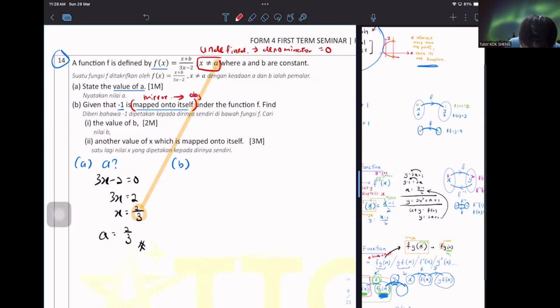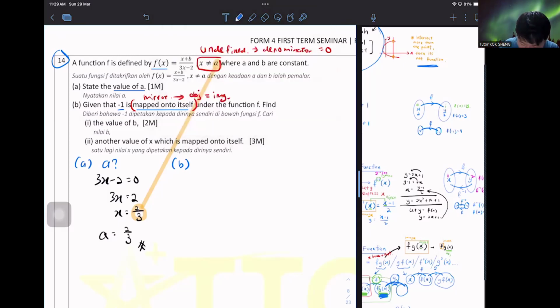Object and image must be the same. Must be equal. So now it says that -1 is mapped onto itself, which means -1 stand in front of the mirror. Which means the mirror will reflect same number, -1.